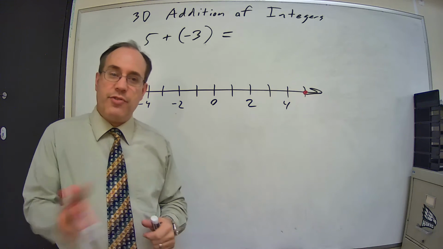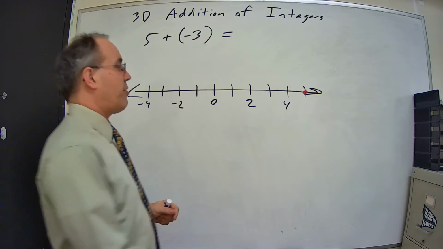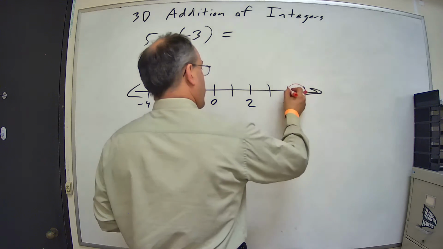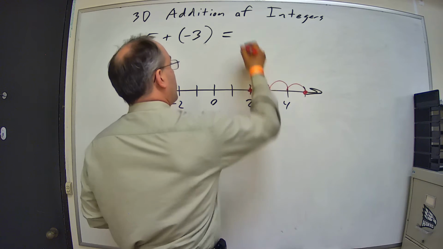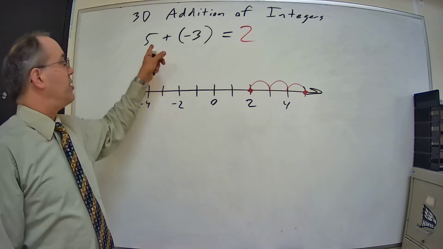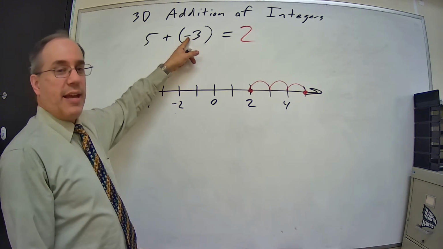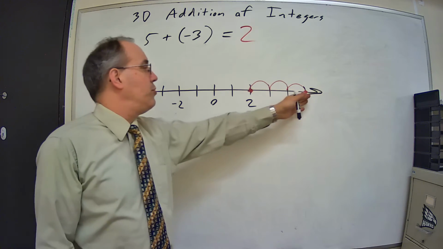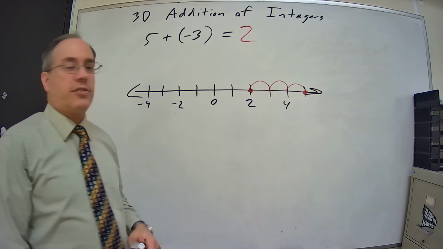Remember that sign gives you movement, so that's telling you that it's movement to the left by 3. So 1, 2, 3 gives us 2. We started at 5, and then we added negative 3, that negative sign telling us that it's going to move to the left by 3, giving us 2.